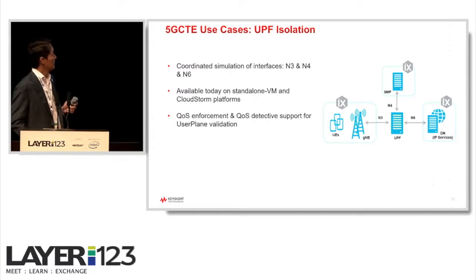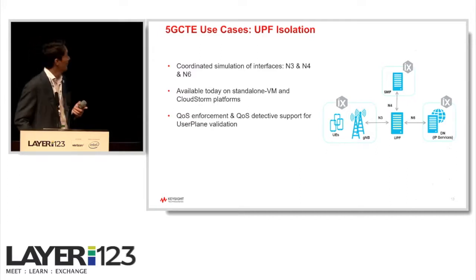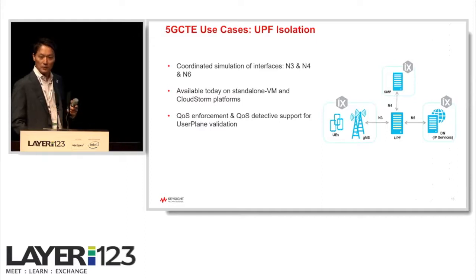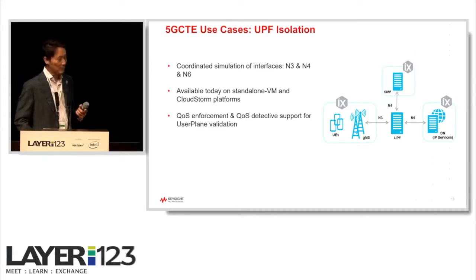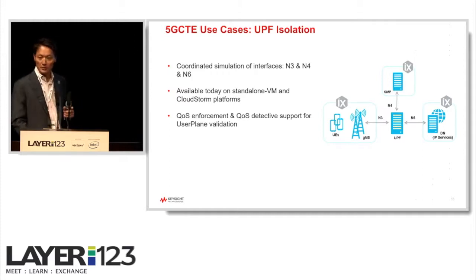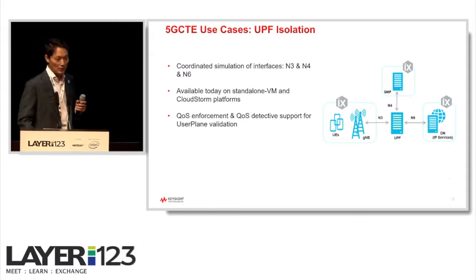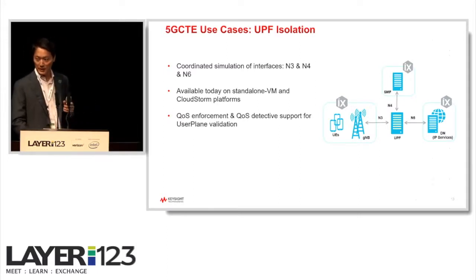So this is available either as a VM, okay, or as hardware if you want to do, say, high capacity testing, or you want to measure the actual latency in your 5G core nodes. On the UE side, we have the capability to actually detect the QoS level. So you know during the test what kind of response your core infrastructure is giving you.